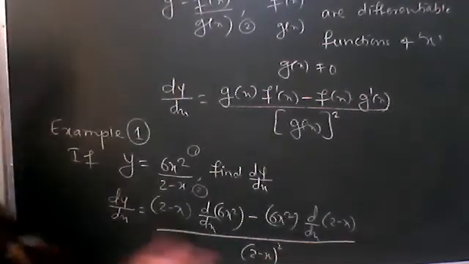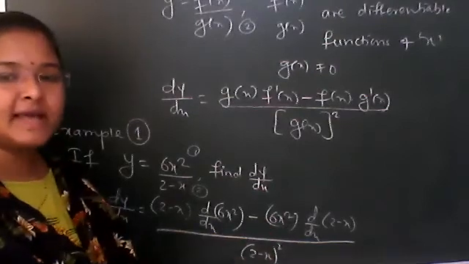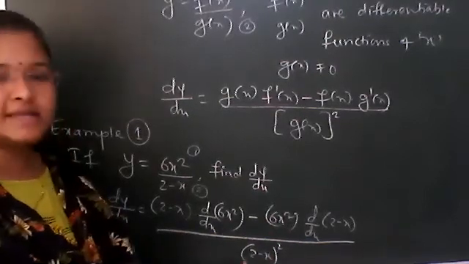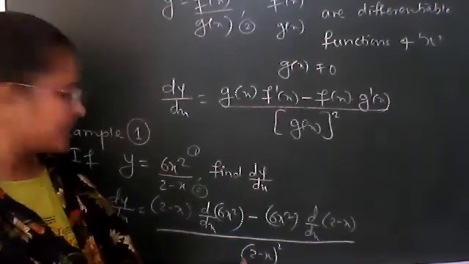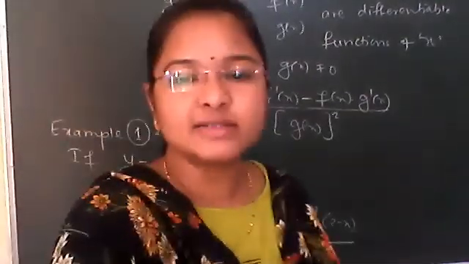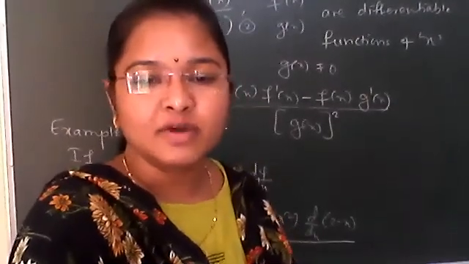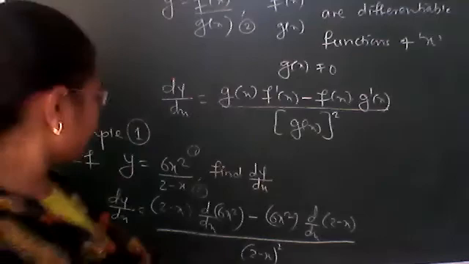No need to expand this because it will not cancel with the numerator, so we keep it as it is. Any doubt in this? Now you tell me what is the differentiation of 6x square?